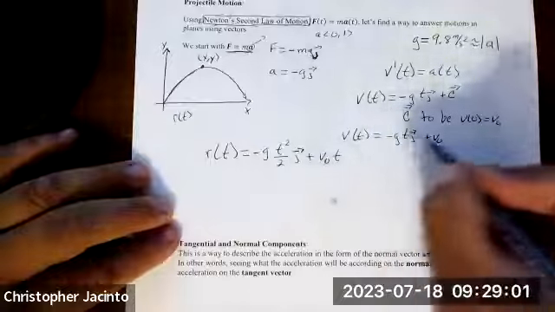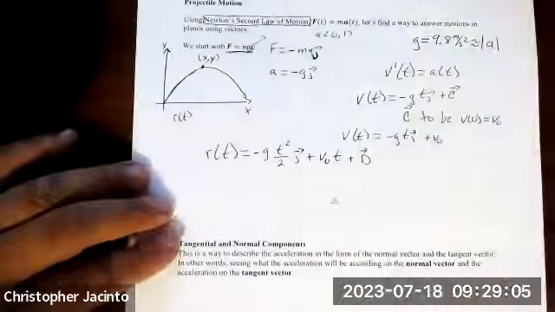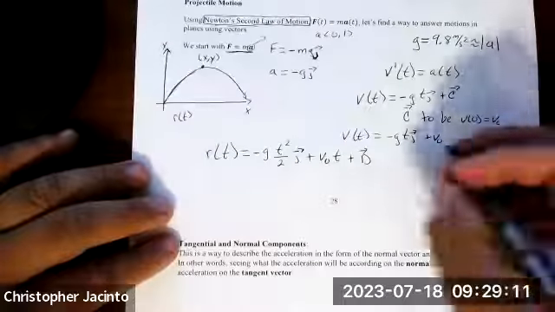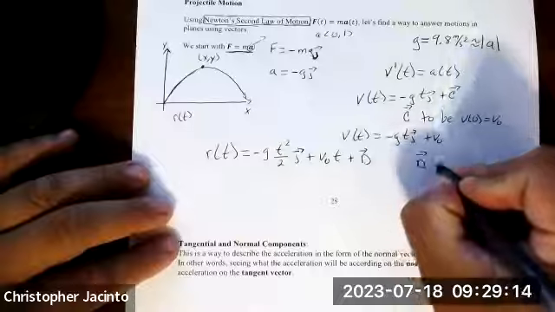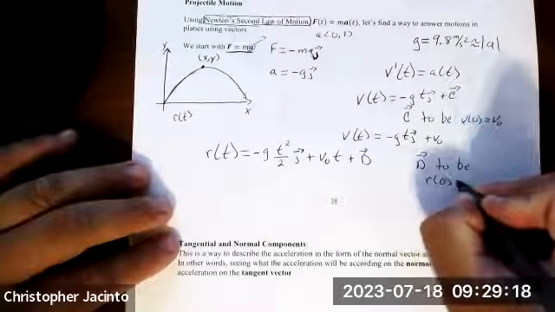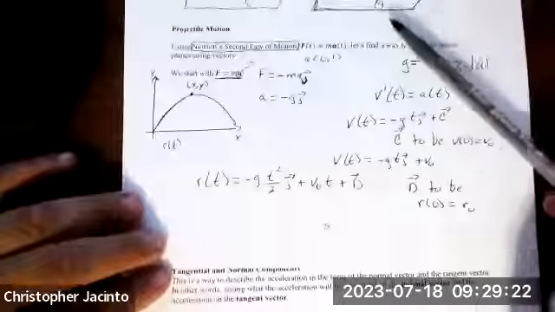Because we take the integral of both terms, plus again another d vector. And remember, the d vector is the constant because we just took the integral. And just like we said here, we're going to let this d vector be the initial position r naught, kind of like what we have here.